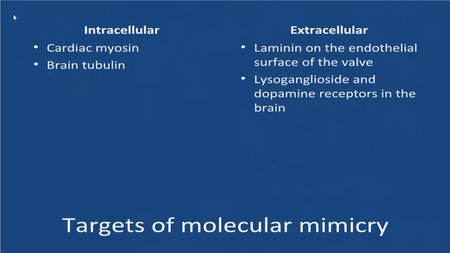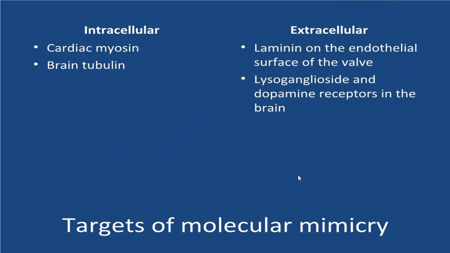There are intracellular structures like cardiac myosin, and the brain contains tubulin, and these are recognized as foreign material, and you get a cross reaction of the streptococcal antibody reacting with this myosin and brain tubulin. And in extracellular structures, laminin and lysoganglioside.